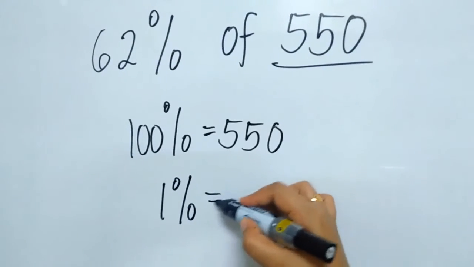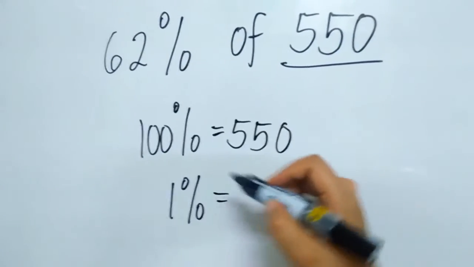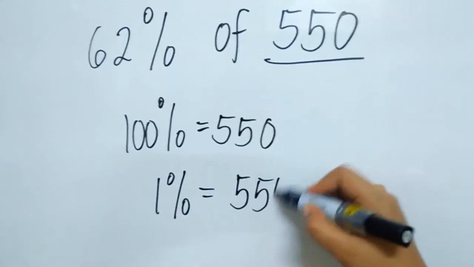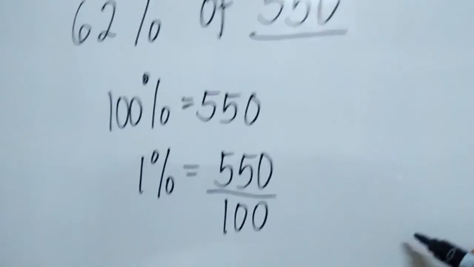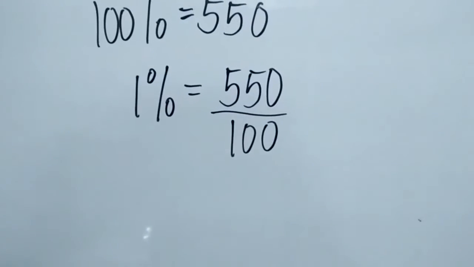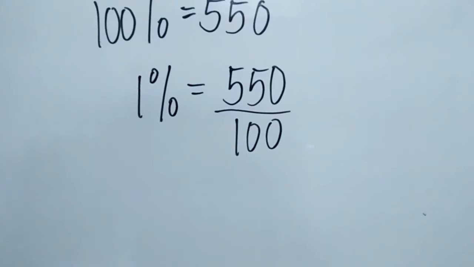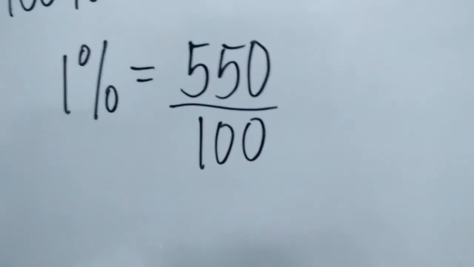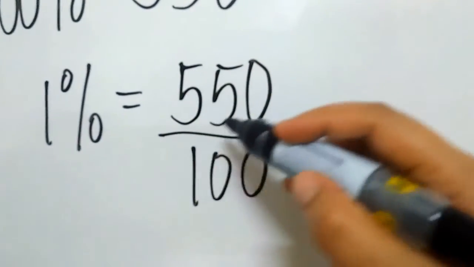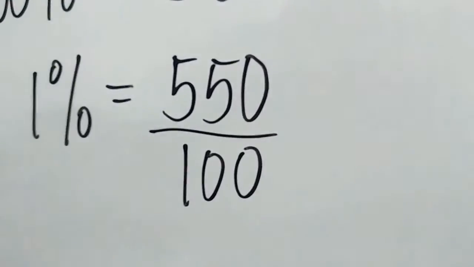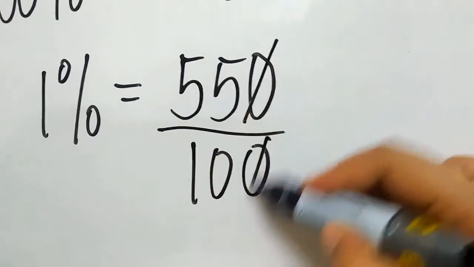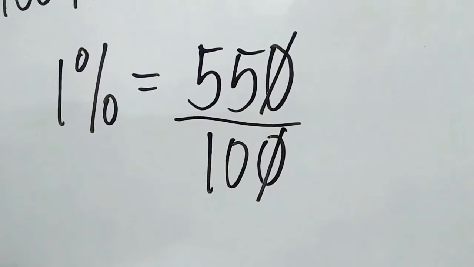1% of this means we're going to divide 550 by 100. Before you divide, you can simplify. What number can you divide into 550 and 100? Yes, we can take out zeros here. So we have 55 and 10.